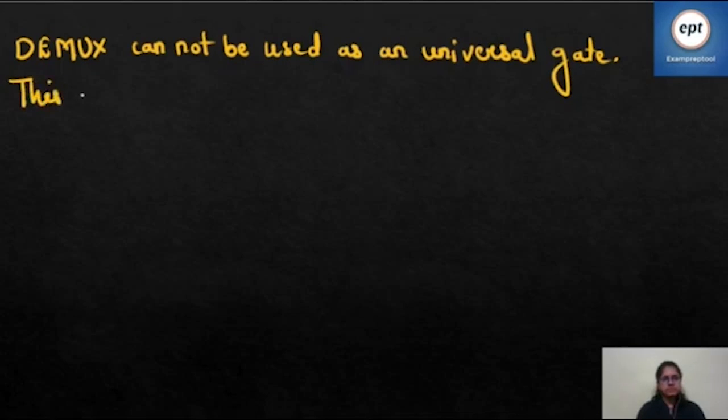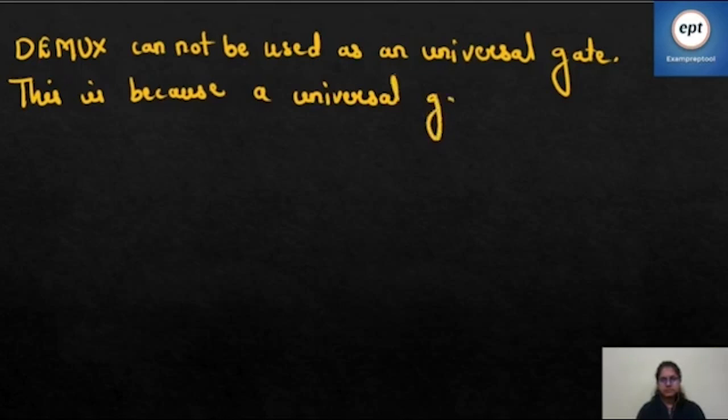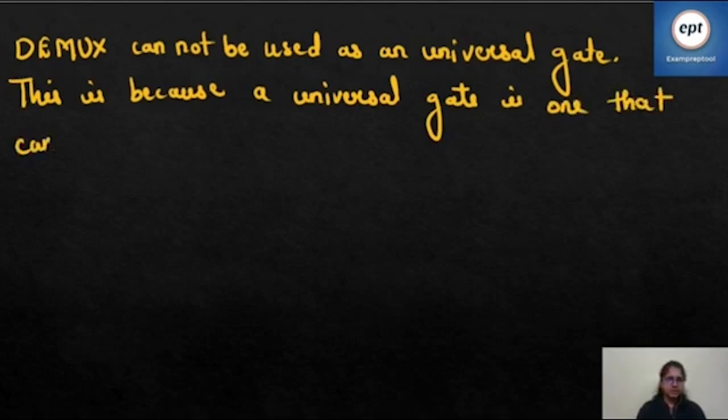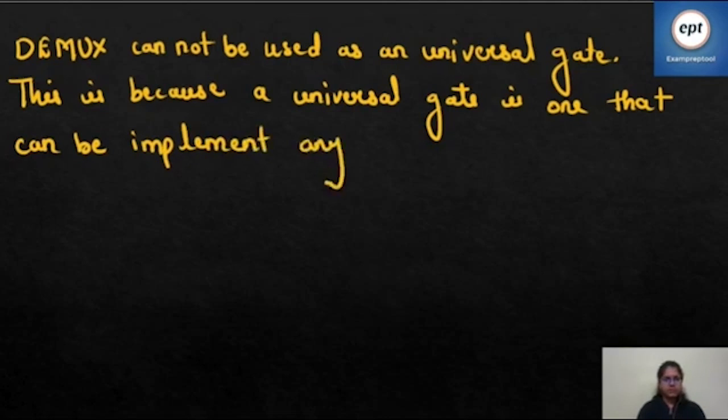Because a universal gate is one that can implement any Boolean function.